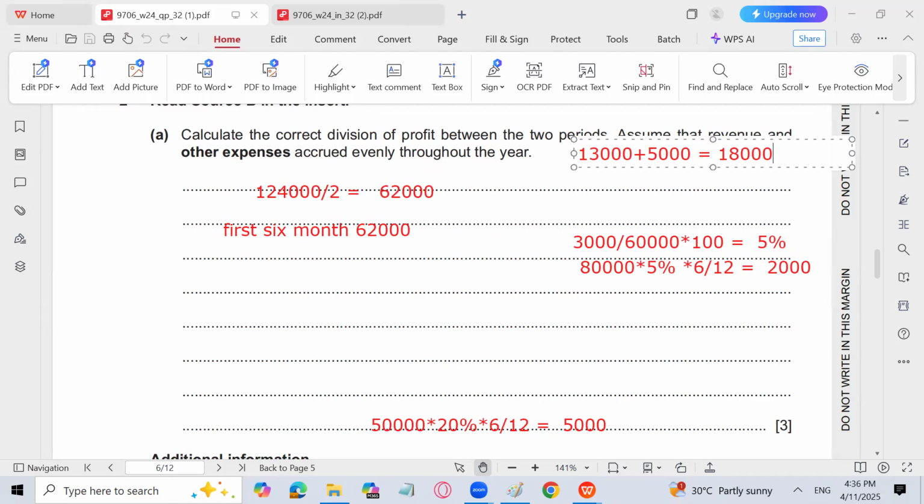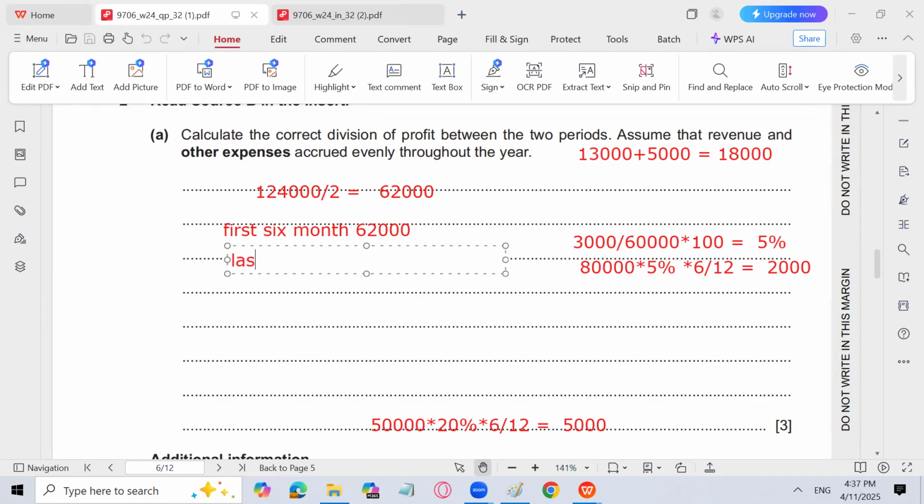So in the first part we have subtracted 9,000 from 62,000, and we have subtracted 9,000 from 62,000 in the last 6 months also. So this is wrong. Why, sir? Because the whole expense relates to the last 6 months profit. So it should be subtracted from the last 6 months, not from the first 6 months.